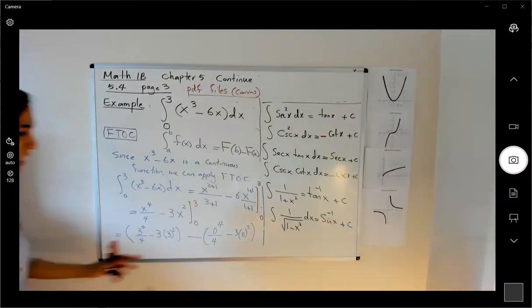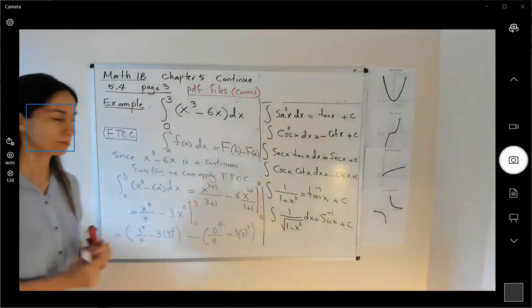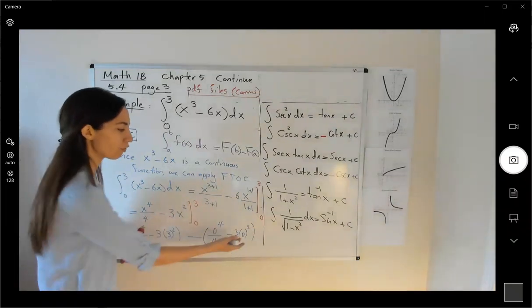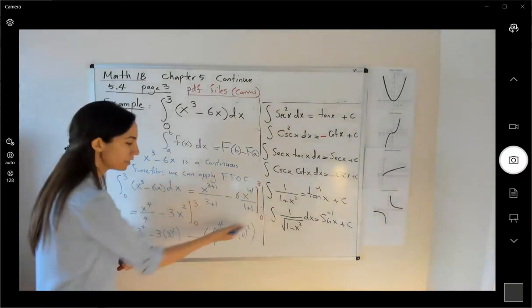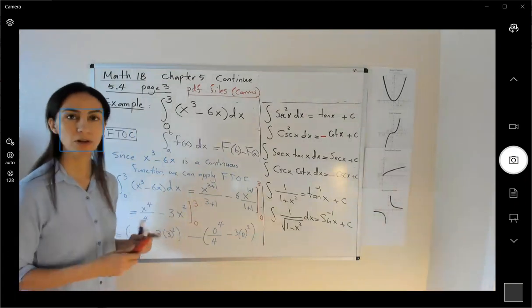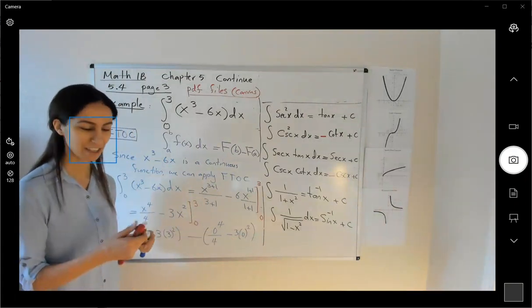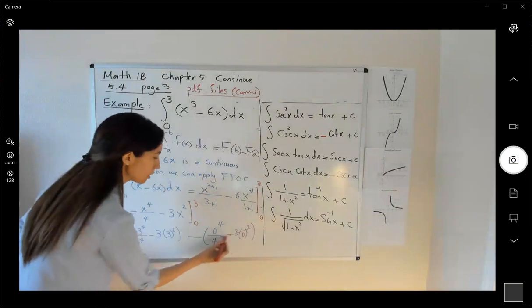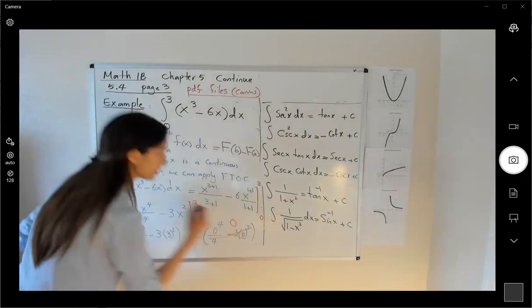Well, look at this expression. It has 0 raised to 4, it has 0 raised to 2. This expression is always 0. So you don't have to worry about this number here because you know that this is just 0.